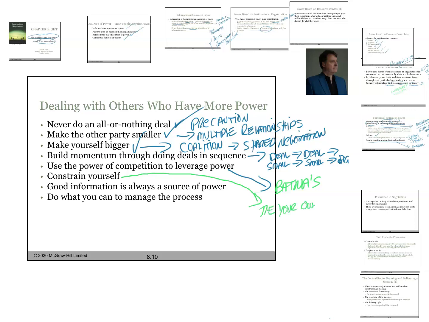Constraining yourself. This essentially is about tying your own hands. And what do we mean by this? When you're working with another entity that's more powerful than you, an opponent, another company, whatever the circumstance might be, you can create an agreement that is kind of like a shared limitation. So you might put in a restriction on who you're allowed to do business with while you're working with them. Maybe it's a competition factor or whatever it is, but they in turn will restrict who they're allowed to buy from.